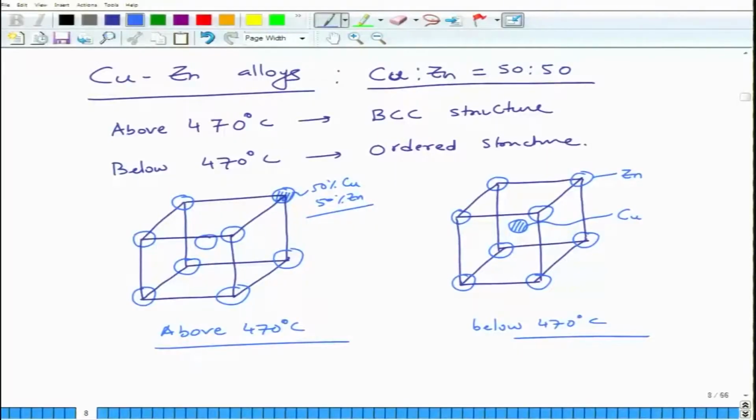So, now the question that arises is, can we have this disordered structure at room temperature? Of course, yes, you can have a disordered structure at room temperature. Many dilute solid solutions are disordered. This is at very high concentration, this is 50-50, but if you have, let us say, 1% zinc in copper, or for example copper-nickel, a very good example, copper-nickel all the way it is FCC.